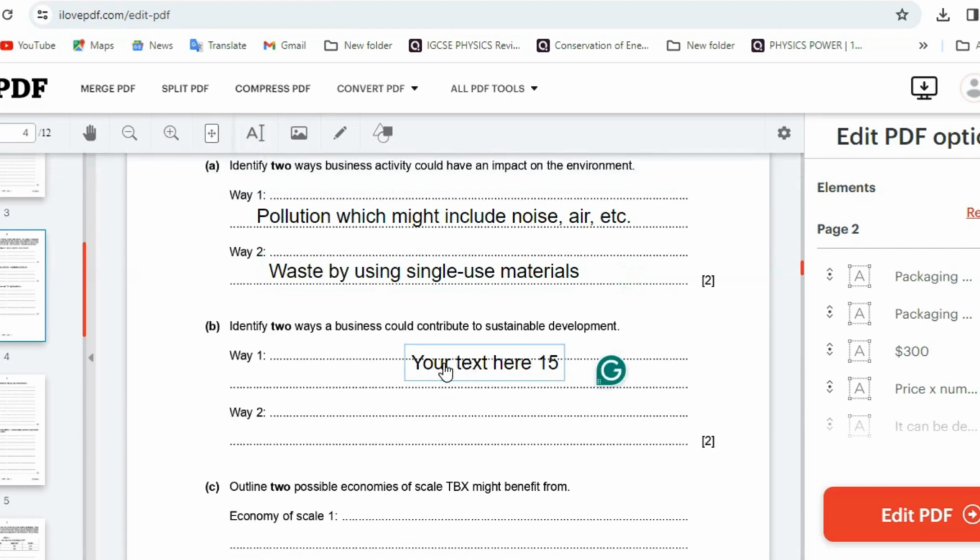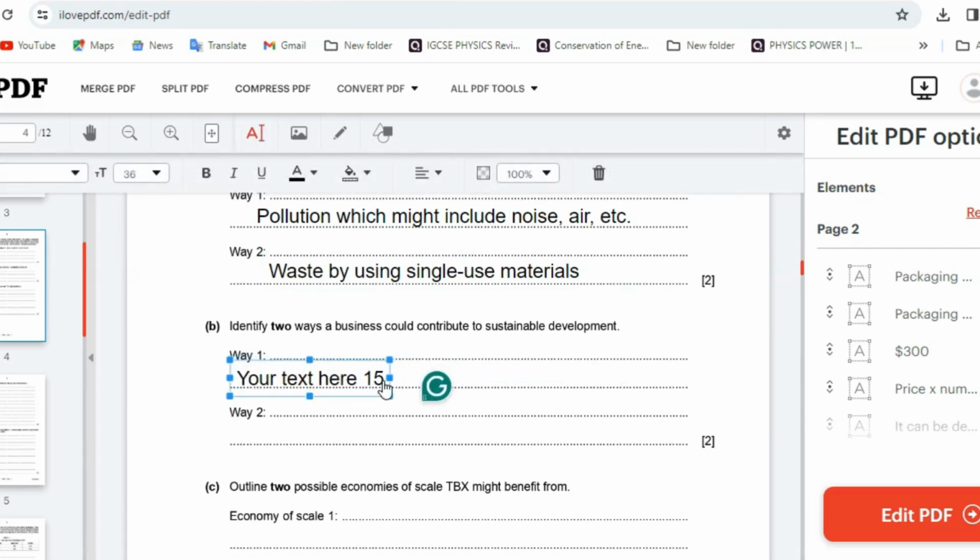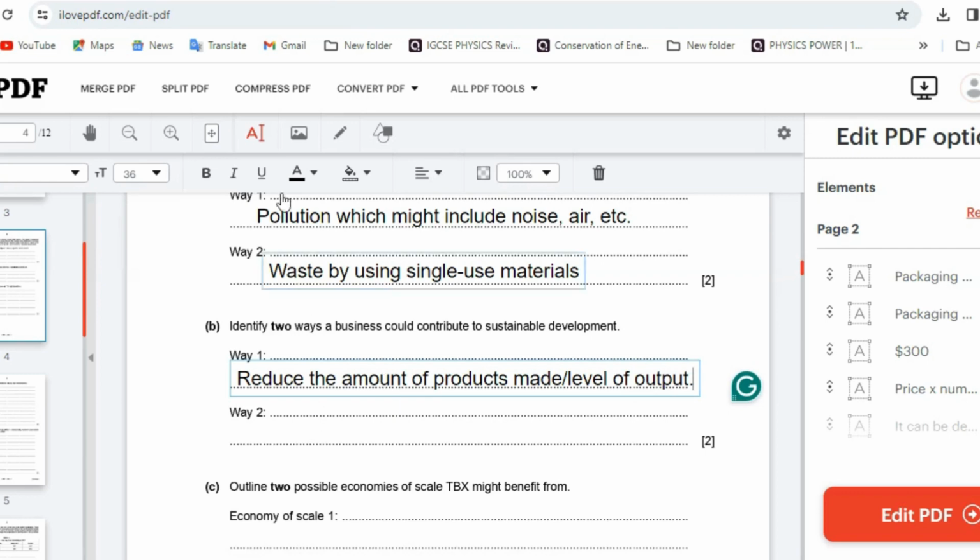Let's put it out to identify it. Reduce the amount of products made, or the level of output. And the second one is that they should also reduce the number of resources used.